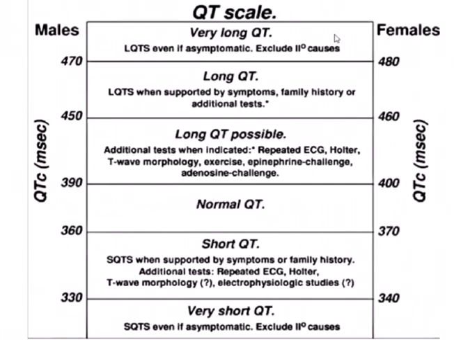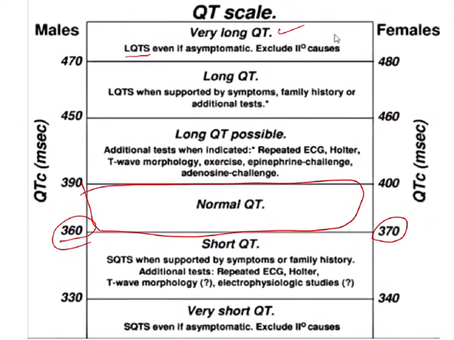Coming to QT prolongation, this is the normal QT, and its value is about 360 in males and 370 in females. These are the normal values. Long QT syndrome is basically a genetic disorder seen in some people, and it is an important cause of arrhythmias.